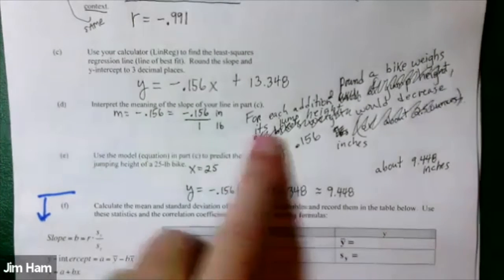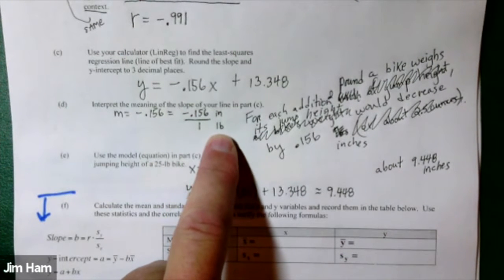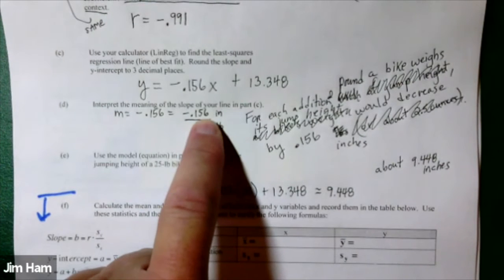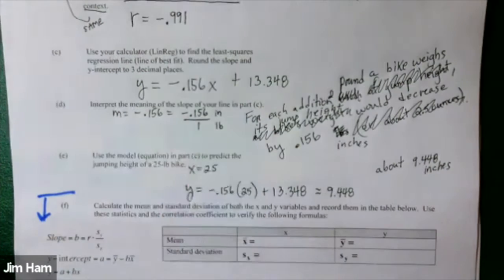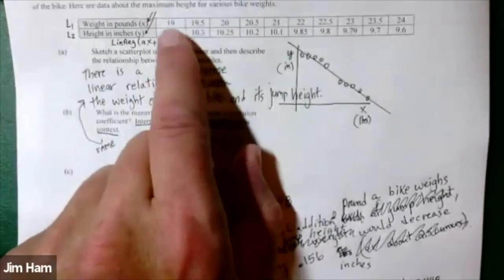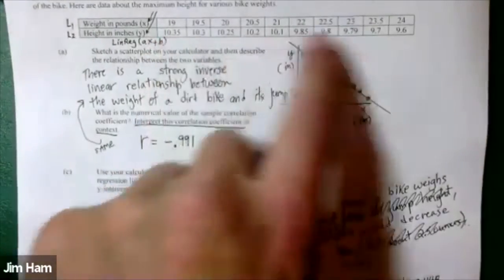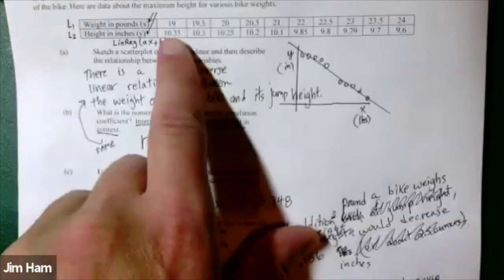So you start out by saying if there's an increase of 1 pound, in this case, this is the X value down here, then the bike's jump height would change by 0.156. So, 16 hundredths of an inch. It's a very, very tiny amount if you just go up by 1 pound. And that makes sense from the data because we have bikes that range from 19 to 24 pounds, yet their jump height only goes from about 9.6 to 10.3.